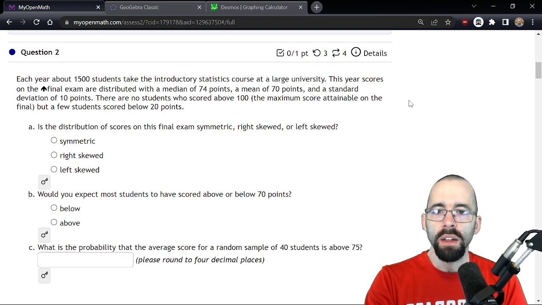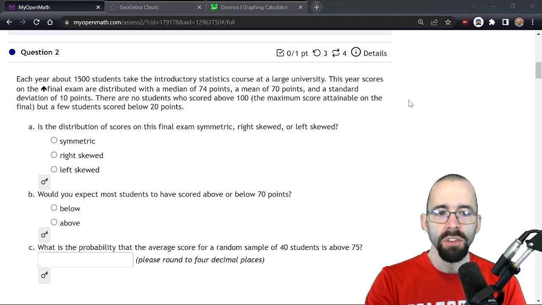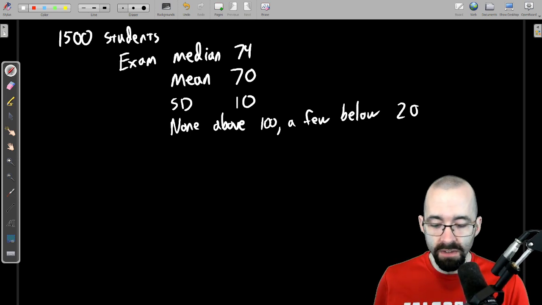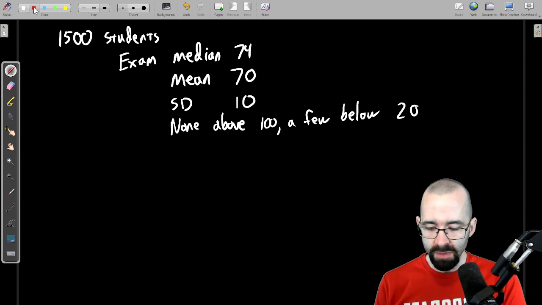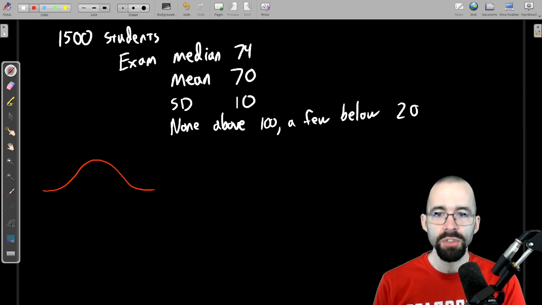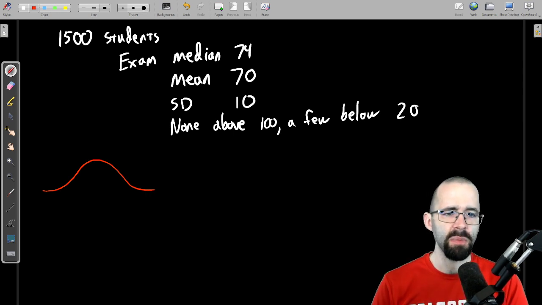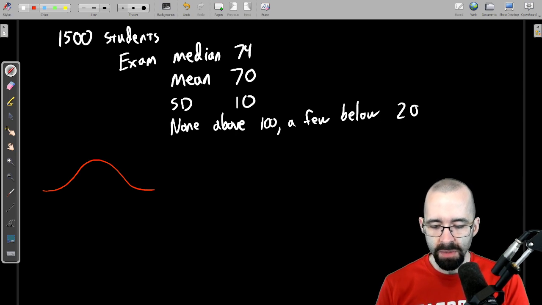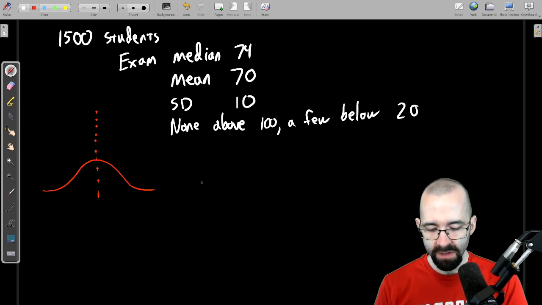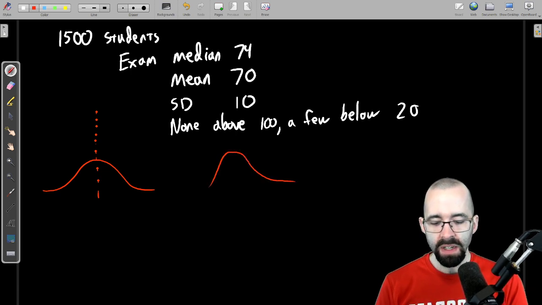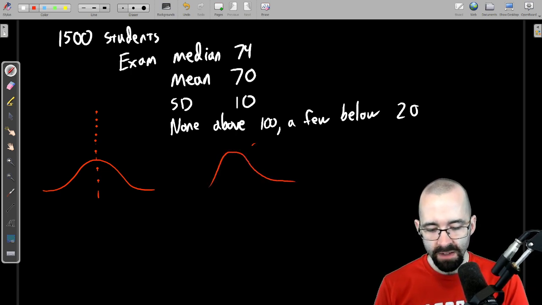All right, first off, it's asking us, is this symmetric, right skewed or left skewed? Couple ways of doing this. Remember the difference between these. Symmetric doesn't have to be normal. It could be some other shape, but symmetric just means symmetric, right? Is it reflected around some middle? Right skewed means the tail is on the right.